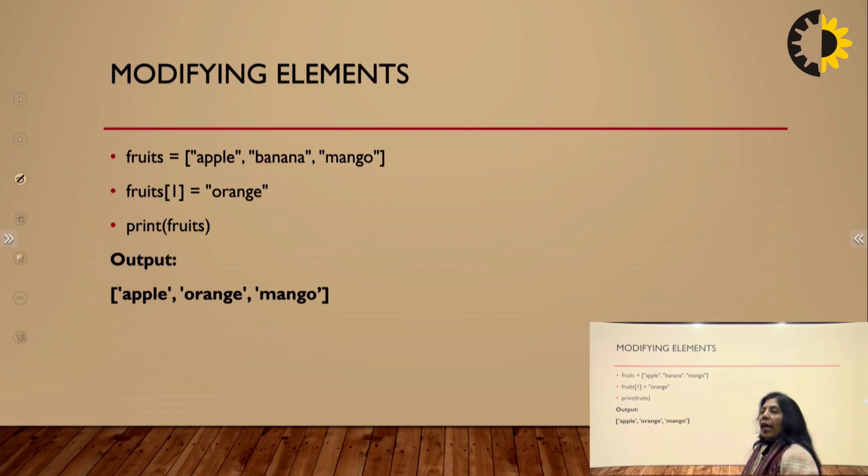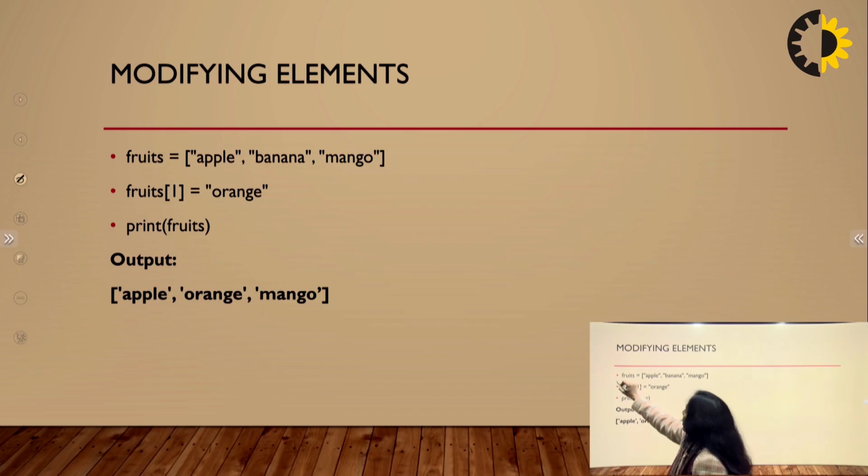We know that list is mutable. Mutable means the values inside it can be altered. It can be changed also. So if we take the previous list, that is apple, banana, mango, and we change this value to any other value. Let's say, first let me write the index here.